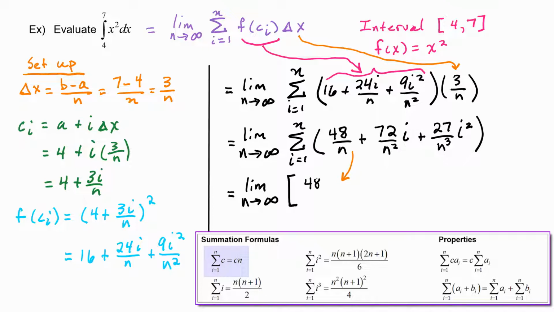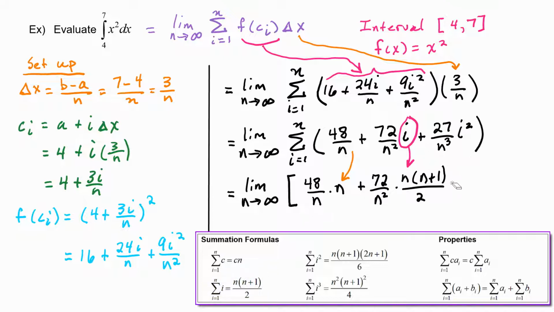So 48 over n times n. Bring down the plus sign, and here we're going to be summing over the i. Treat this like a constant that you pull out front, 72 over n squared, and then we have to apply the rule for summing over i, which of course is n times n plus 1 over 2.